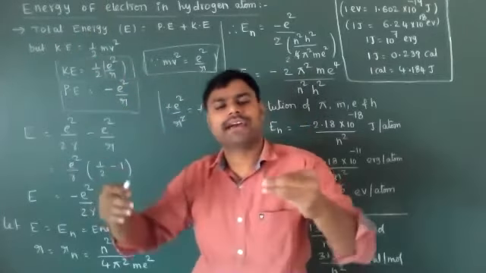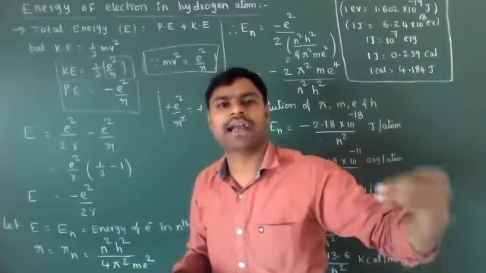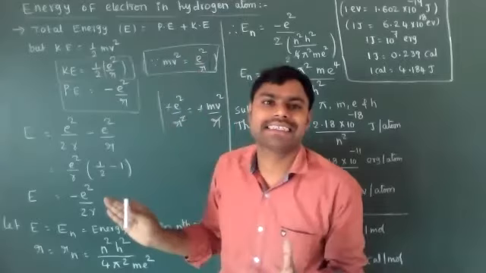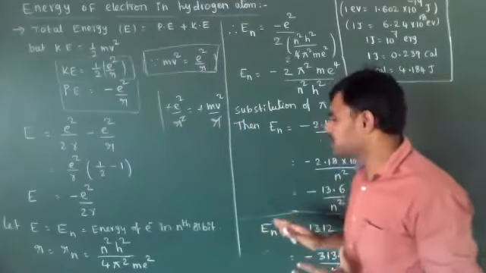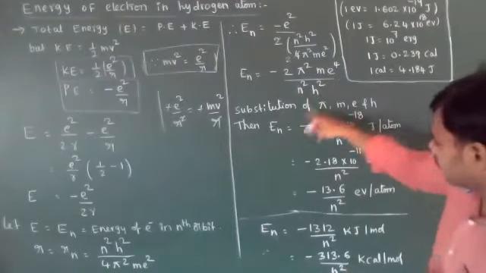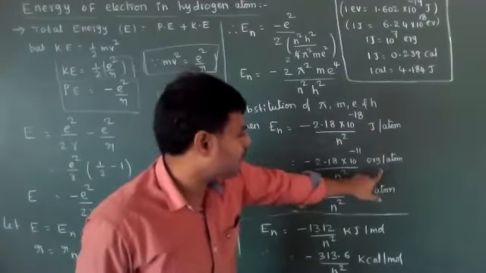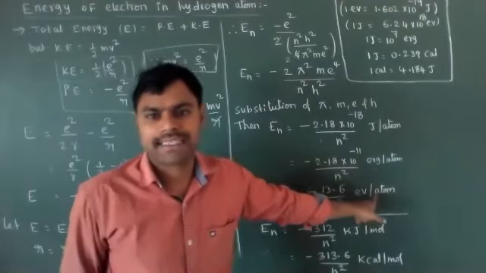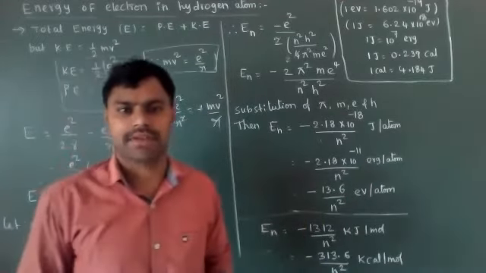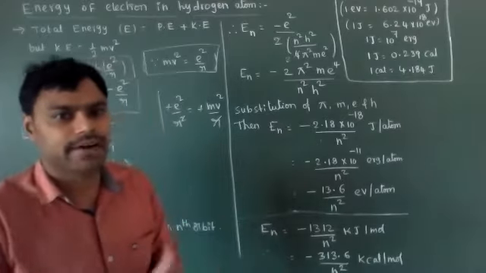If electrons are present in the nth orbit in hydrogen atom or hydrogen-like species, how much energy does it contain? That formula we need to derive or remember. There are different formulas in different units, because we express the energy in joules, in ergs, or in electron volts. So different formulas are present, and we just need some idea of how we got them.